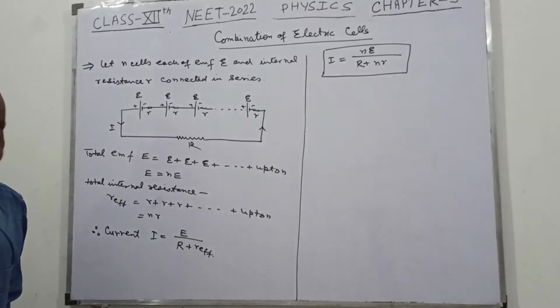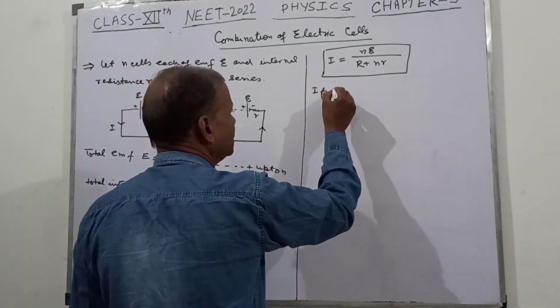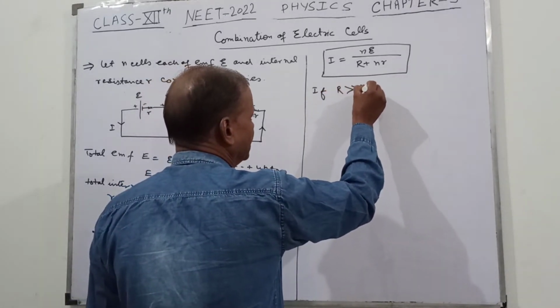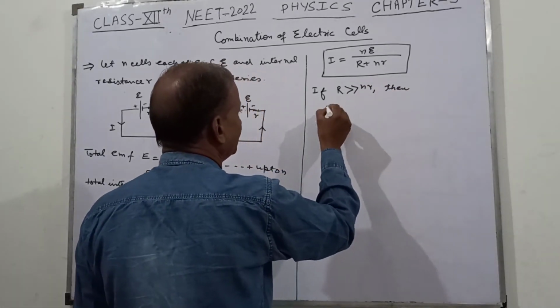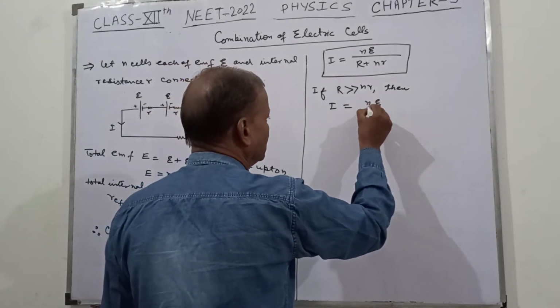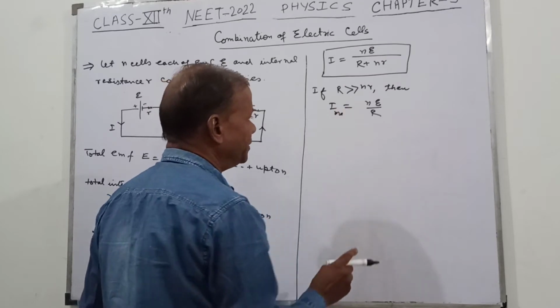So now you can see from here, if R is very much greater than nR, then I is equal to nE upon R. So this is the maximum current.